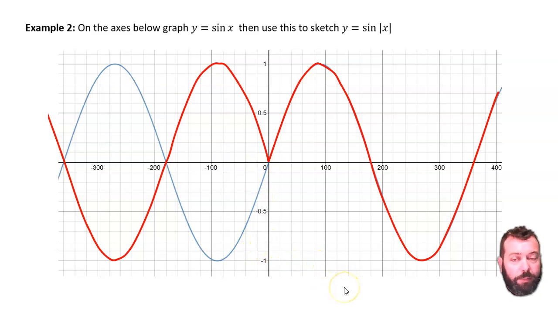So that's the difference between the absolute value of a function, in which case you flip any negative values above the x-axis, and the function of an absolute value, in which case the right-hand positive side is mirrored in the left-hand negative side.